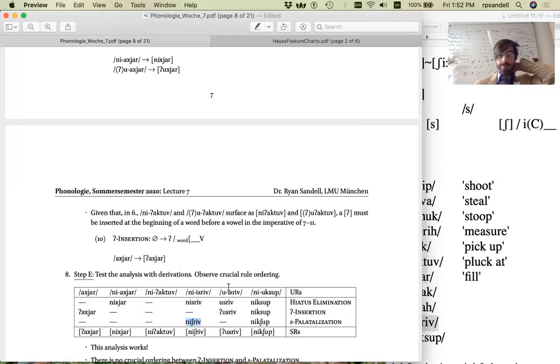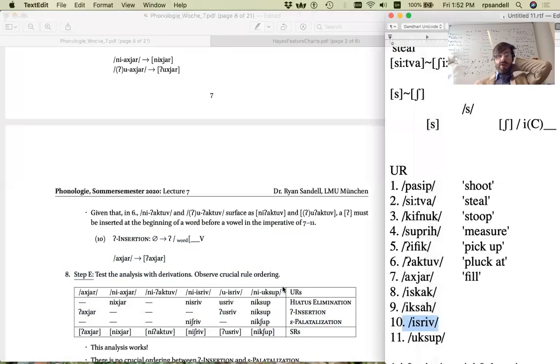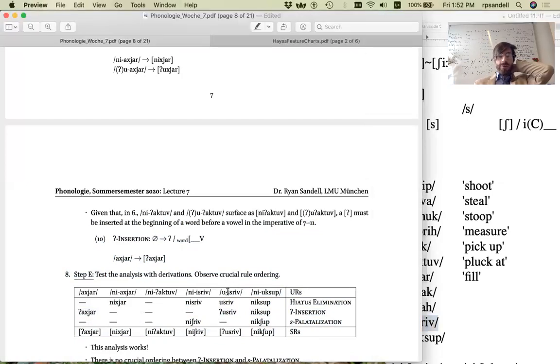In the third singular of the same verb, row number 10, hiatus elimination will delete the e, giving us usriv, and glottal stop insertion will produce usriv. So here we then see this alternation between sh and s in the paradigm of that verb.